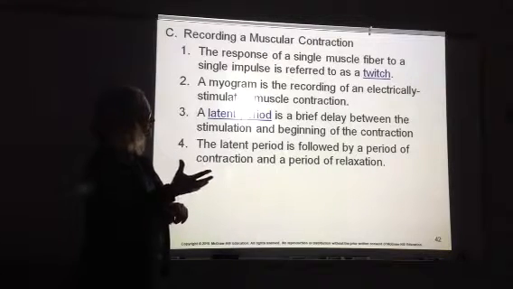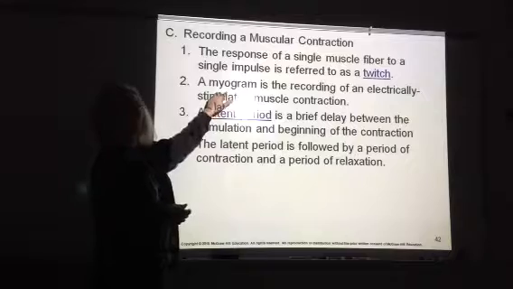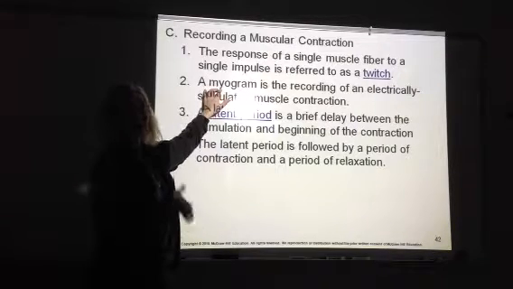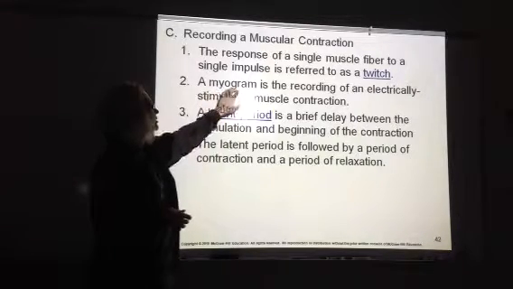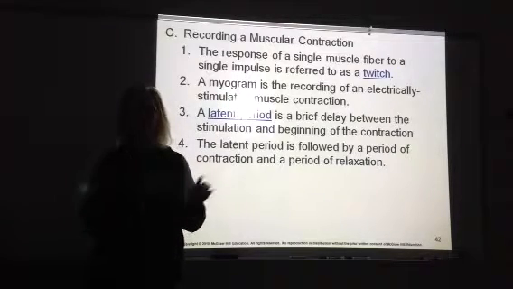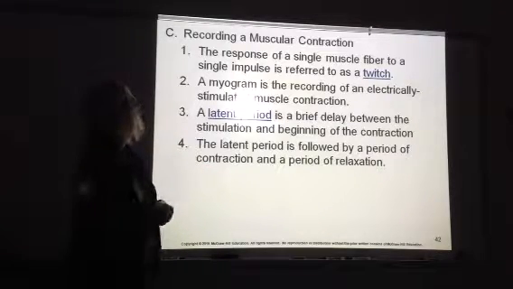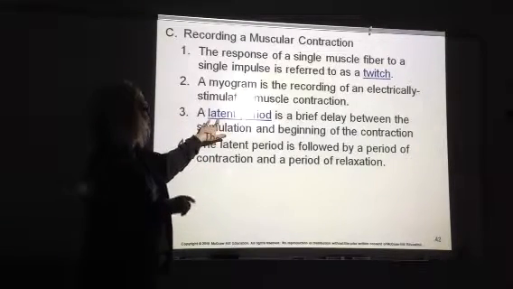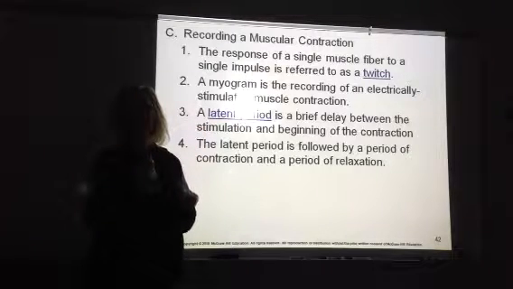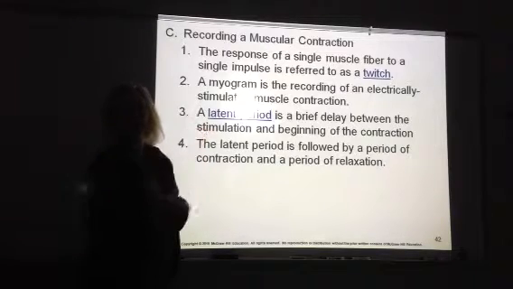Those twitches and responses can be recorded on a myogram. Myo deals with muscle, and gram is some type of recording. So a myogram is the recording of electrical impulses of the muscle. A latent period we'll look at when the muscle is stimulated. There's a very short period before it actually contracts, and that brief delay is called the latent period.